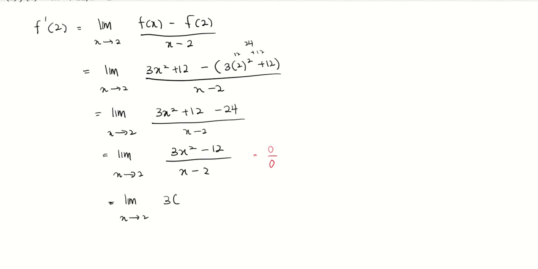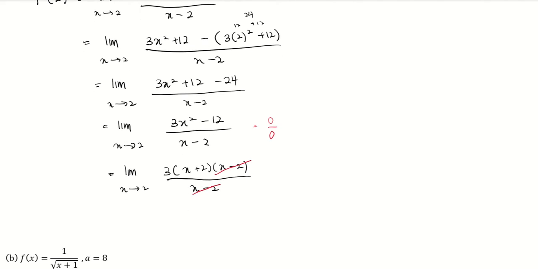And x squared minus 4 is just x plus 2 times x minus 2, over x minus 2. We eliminate x minus 2, so what is left is 3 times x plus 2. Now we can substitute the limit, which is 2. So we get 3 times 2 plus 2, which is 3 times 4 equals 12. So that means f prime 2 is equal to 12.